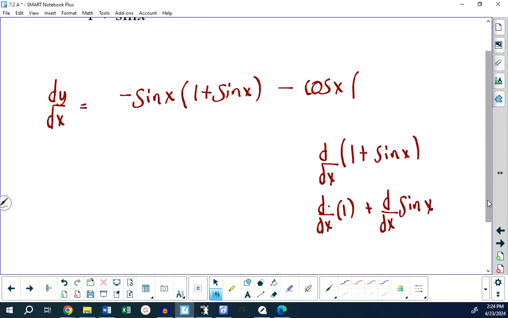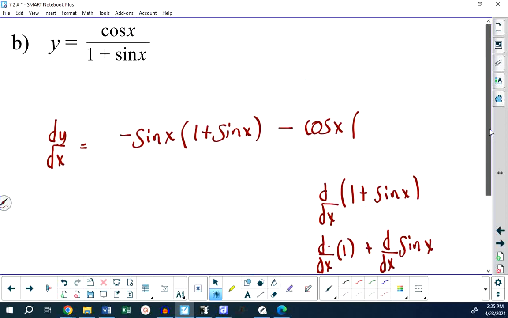We've been so caught up in applying derivatives that I want to make sure we understand the rules of differentiation, which is huge in this unit. The derivative of 1 is 0 because it's a constant. The derivative of sine of x is cos x. So that's why the derivative of the denominator is simply cosine x.